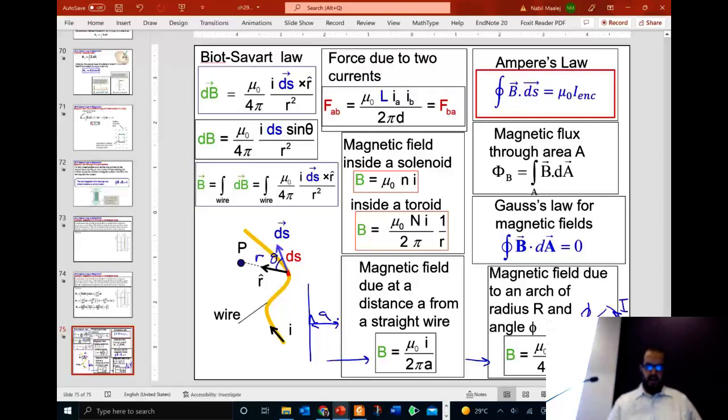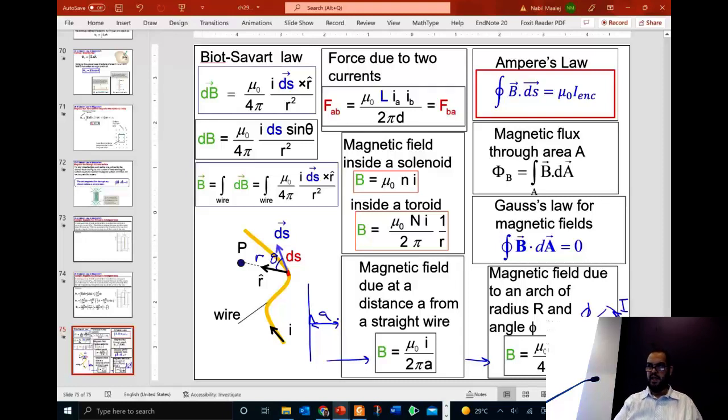And we stopped, I think, at the magnetic field of a solenoid. Okay, no, we did Ampere's law. Ampere's law says that if you have a closed path ds, the integral of B dotted with ds, the integral of the magnetic field along this closed path, is equal to mu0, the permeability of free space, times I enclosed, meaning the current enclosed by this closed path or loop.